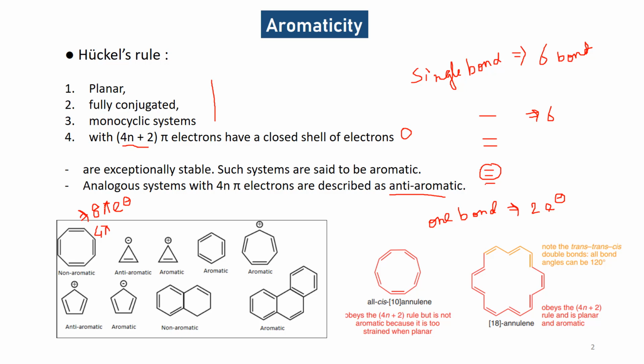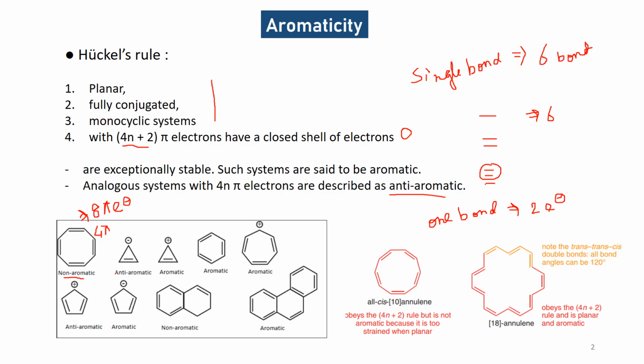But there is no n by which you can get 8 from this formula. So this is not aromatic. This will be a non-aromatic compound because it has 8 pi electrons and doesn't fit the 4n+2 pi electron formula.